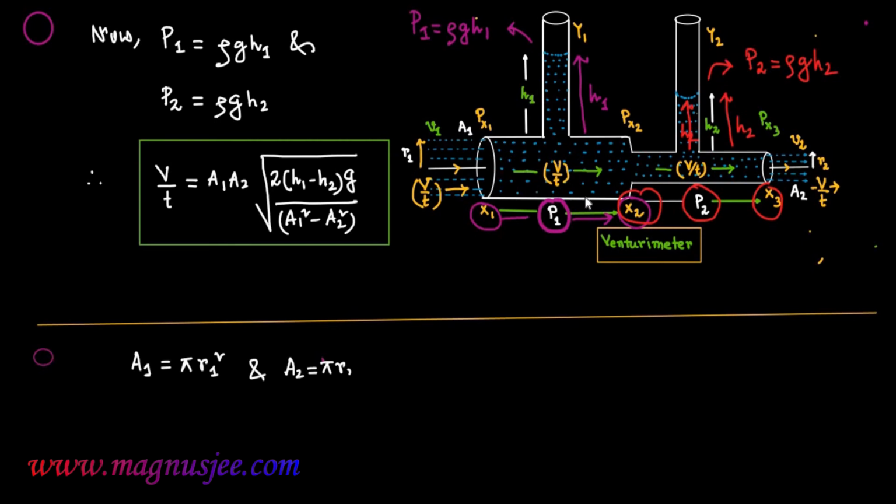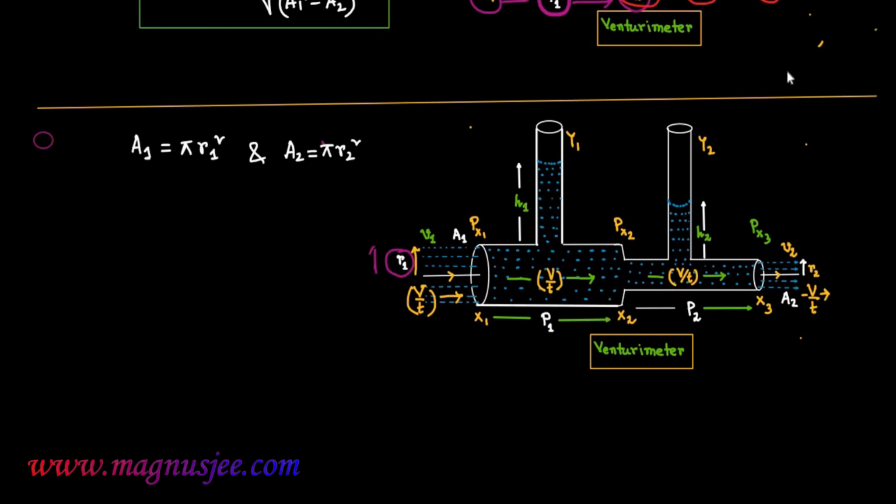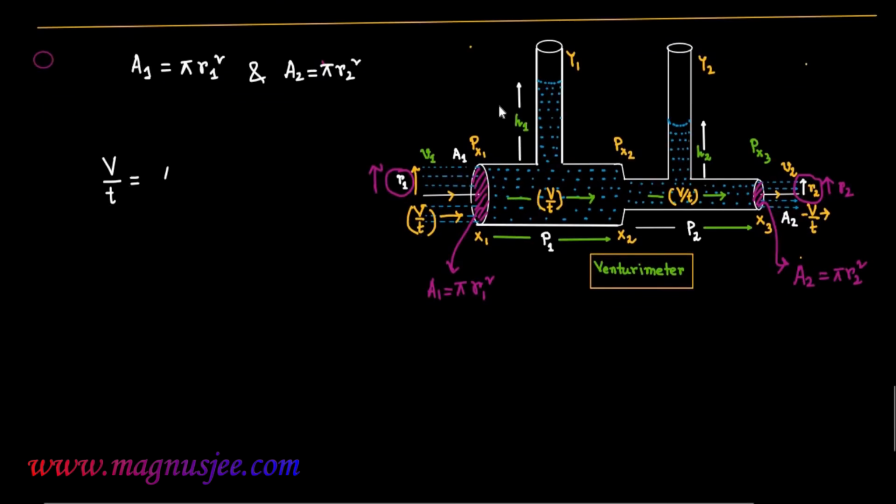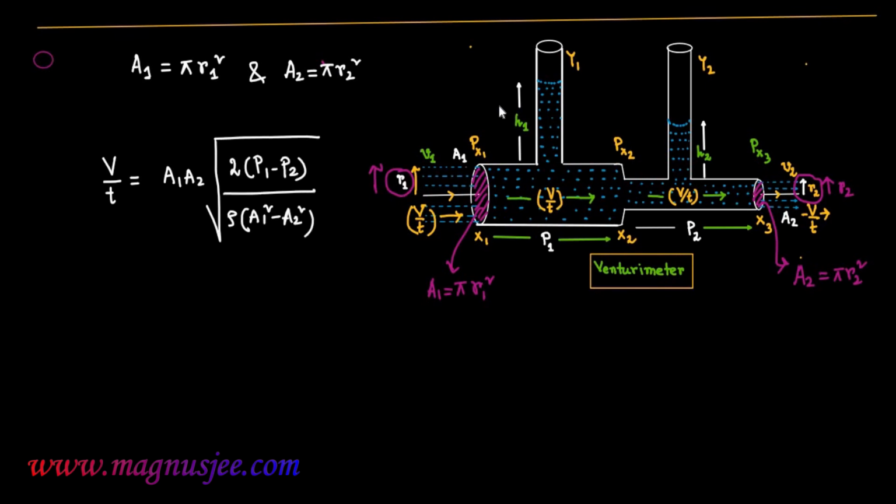Now, A1, area of cross section, is πR1², and A2 is equal to πR2². The area of cross section of this plane is A1, which is πR1², and the area of cross section at the end x3 is A2, which is πR2². So in terms of radii of the two pipes, V/t has the expression A1A2 √(2(P1 − P2)/(ρ(A1² − A2²))).